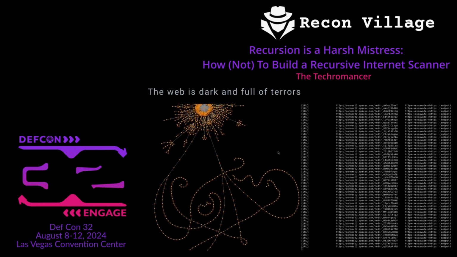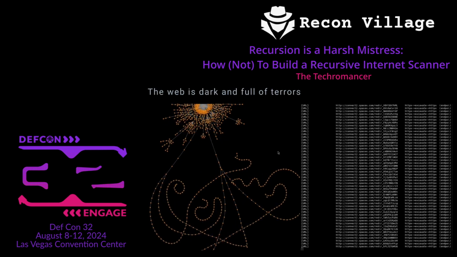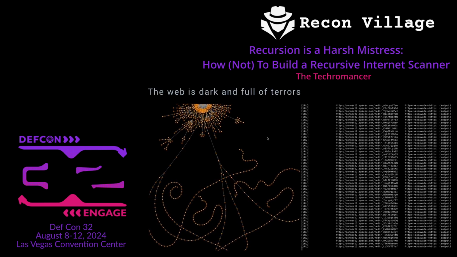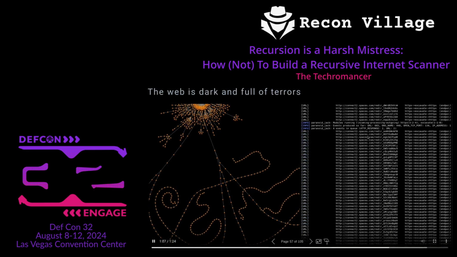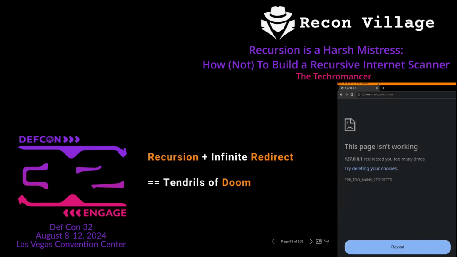So what exactly is happening? This is all the same host, and it's just tons of URLs coming in. Basically, if we look at it more carefully, it's an infinite redirect. On some pages, and this should never happen, but it definitely does sometimes, you might get redirected to another page.